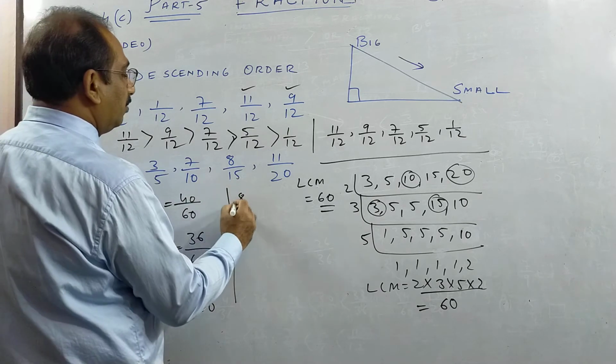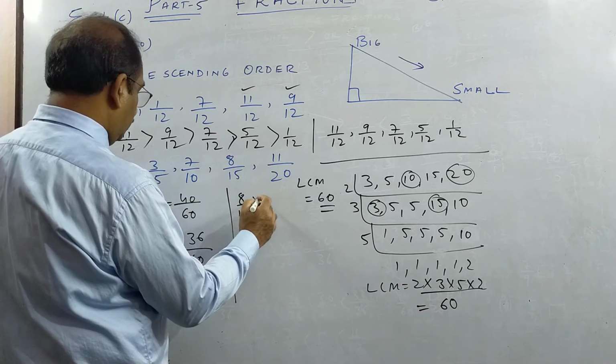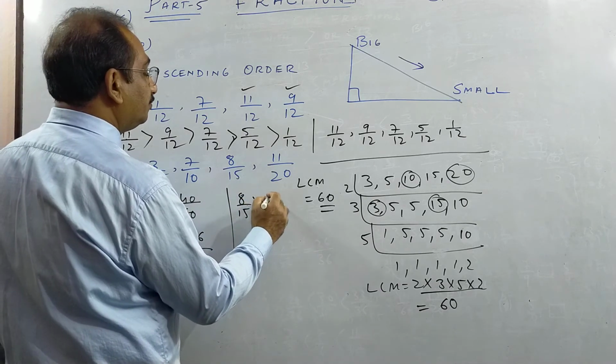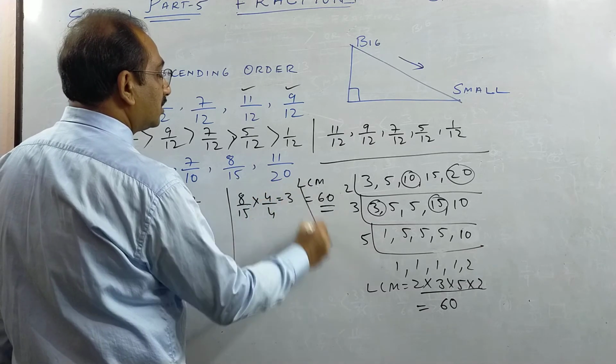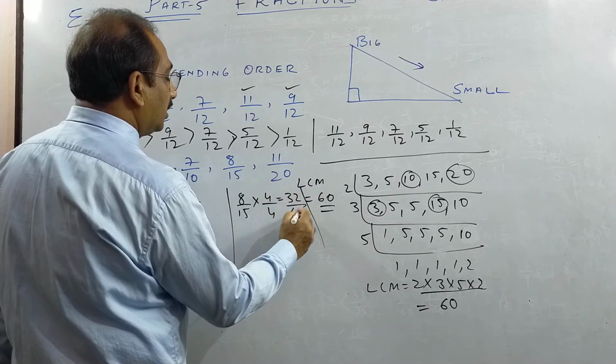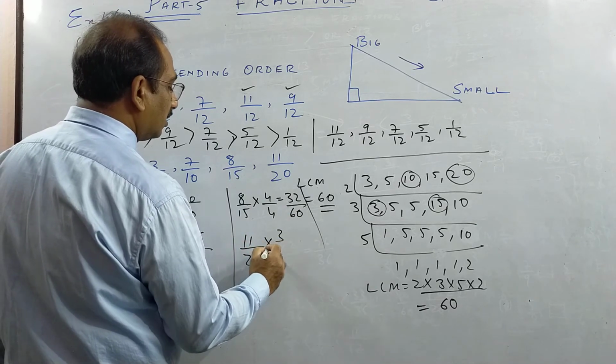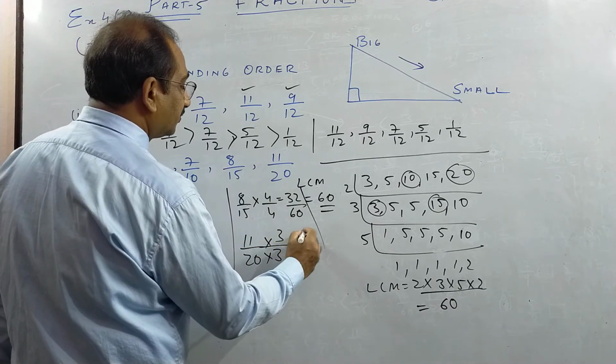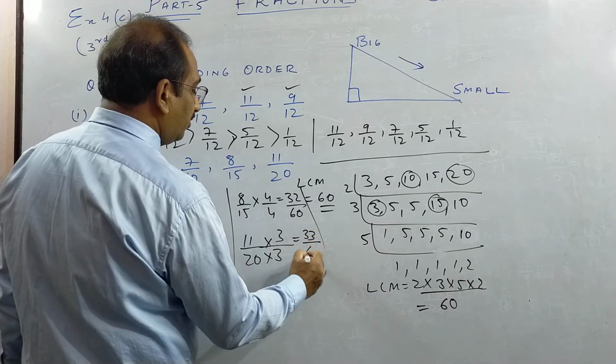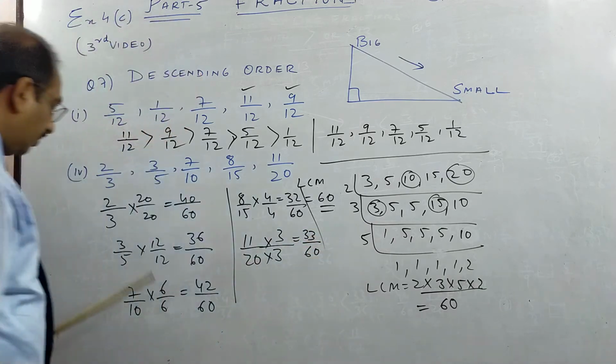Here we have 8 by 15 into 4, 32 by 60, and the last of all is 11 by 20.